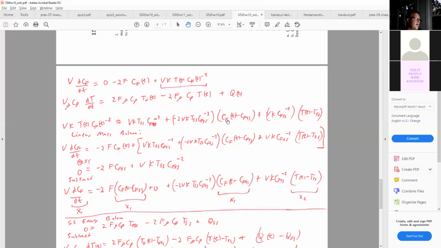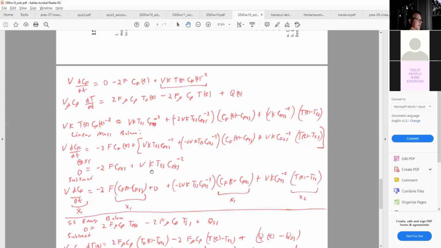It depends on how far from the steady state concentration and steady state temperature you are. So you're making a flat plane approximation that touches that nonlinear surface and approximates it in the CF and T direction. When you're at steady state, it exactly matches it. You take all that linear stuff, put it back in the nonlinear equation. Now you've got a linear differential equation.